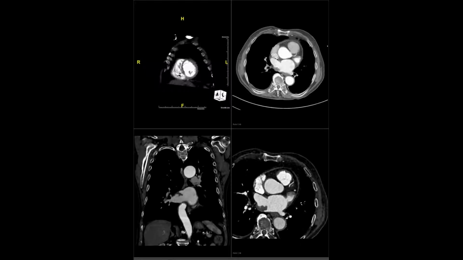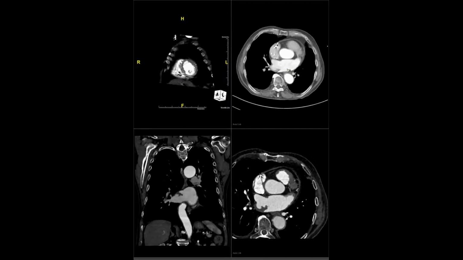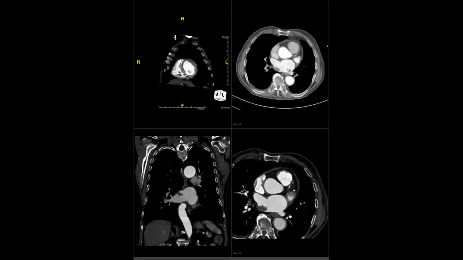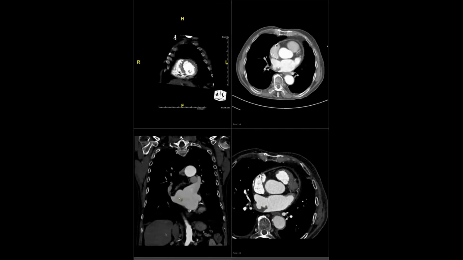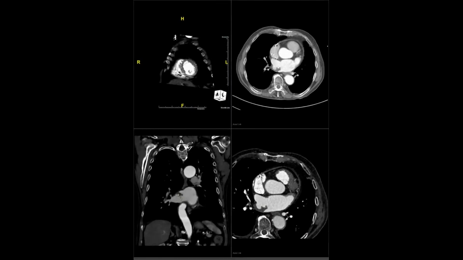And then the third study I read from the same provider that day was this one. This is a guy also undergoing evaluation for TAVR. And what we see is this lobular hypodense filling defect or mass within the left atrium, associated with the right superior pulmonary vein ostium.